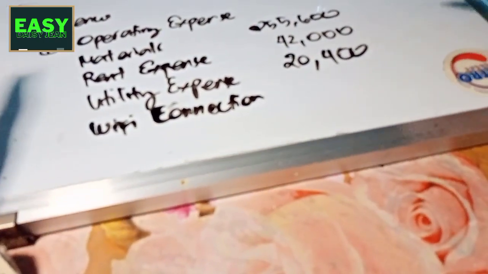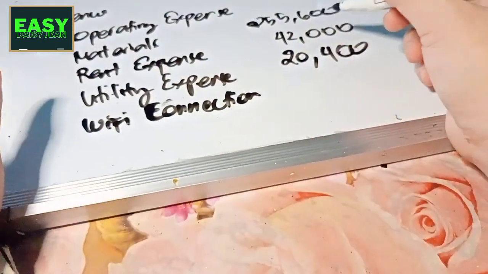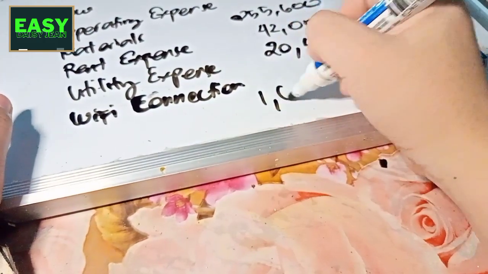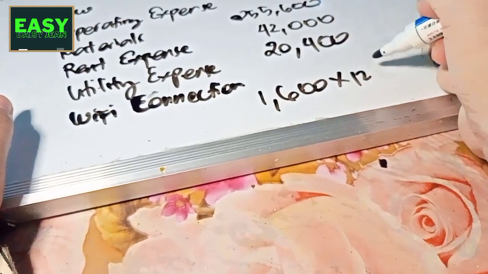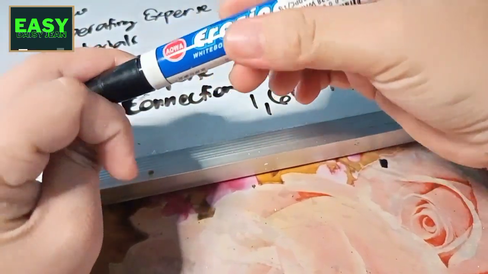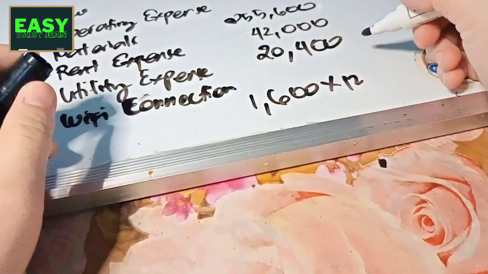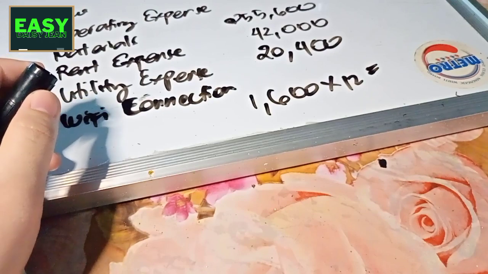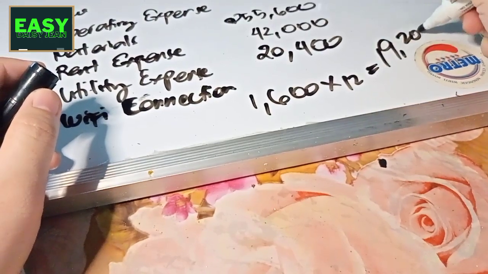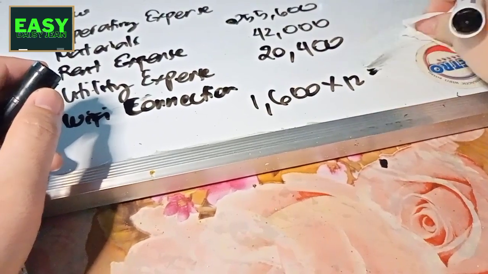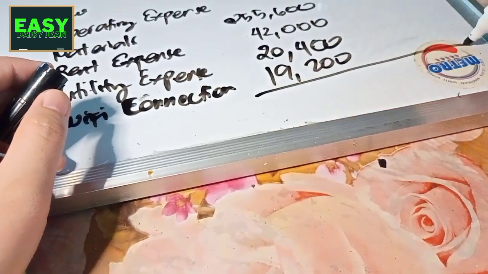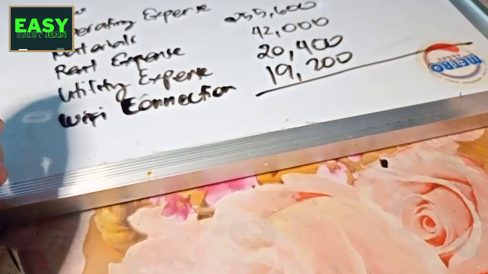If you will install Wi-Fi in your office, most probably one month of Wi-Fi is 1,600. Multiply it by 12 again. In a year, you will have an expense for Wi-Fi connection of 19,200. So 19,200. Right. With those expenses, you total how much all of them are.